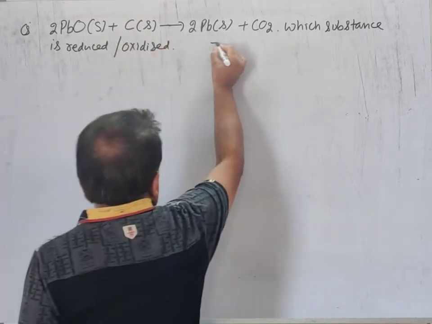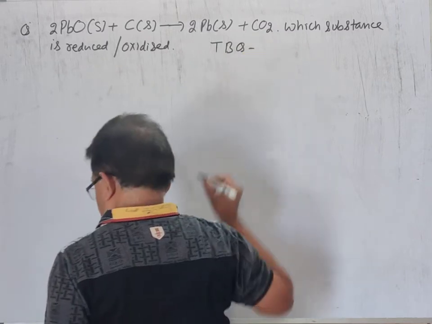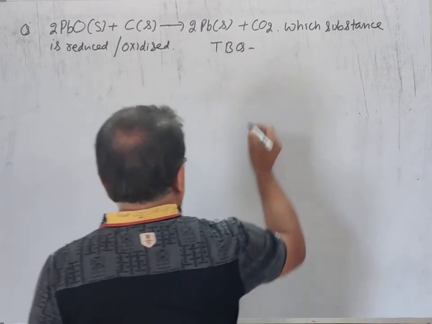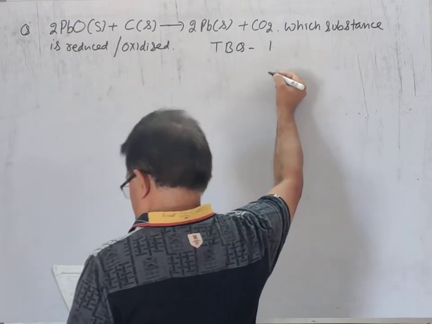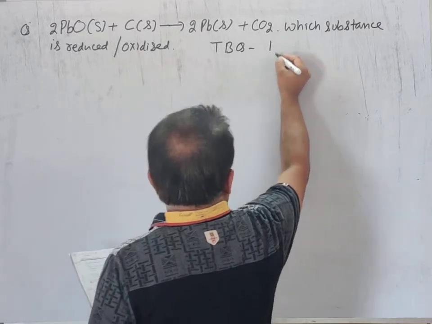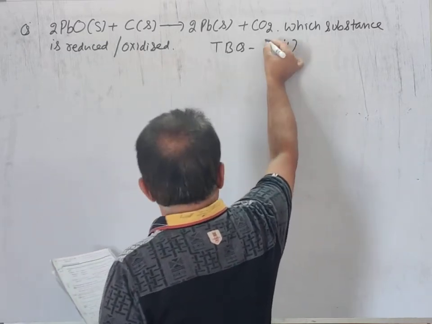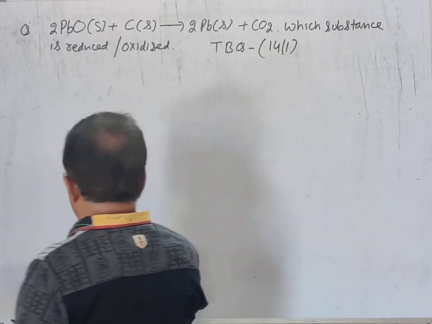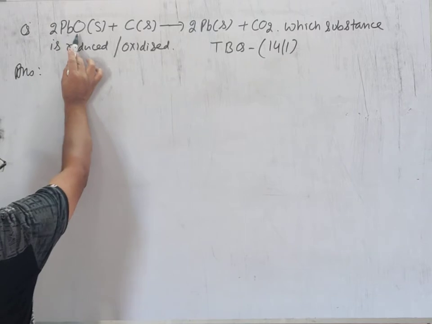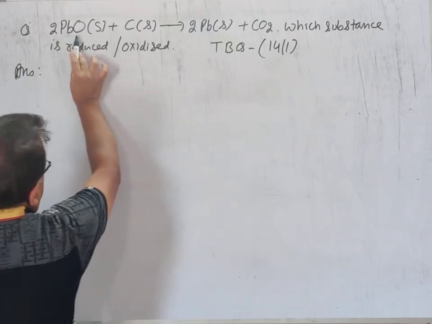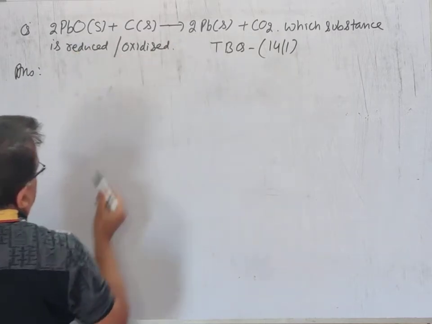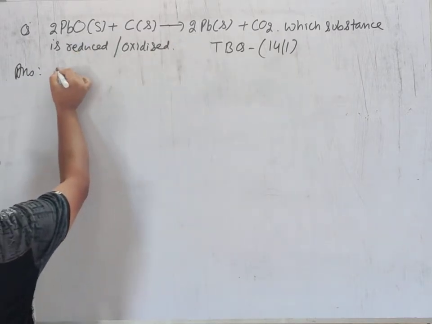It is also an NCERT textbook question, page number 13, question number 14. Now here, lead oxide loses oxygen and converts into lead, so it is reduced.